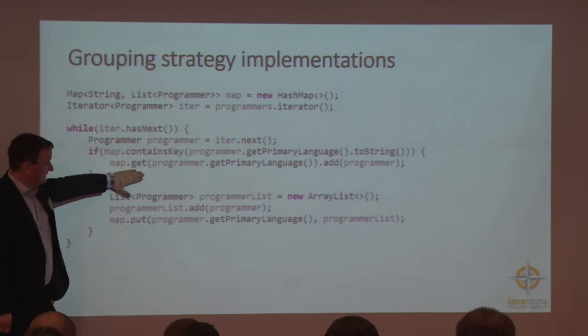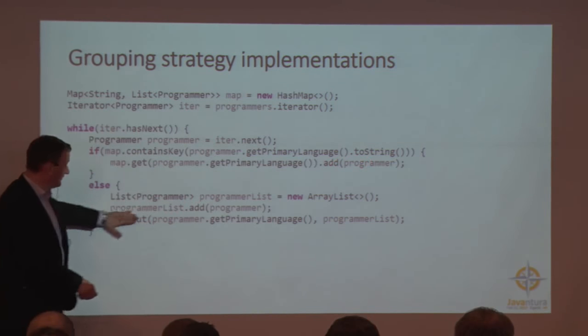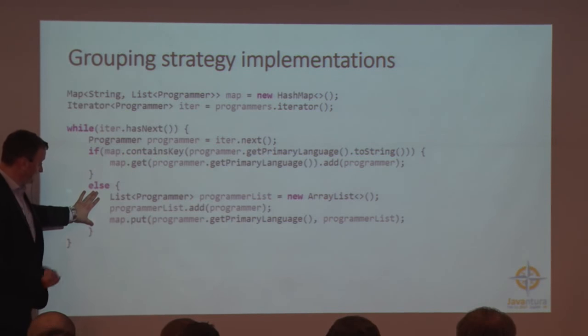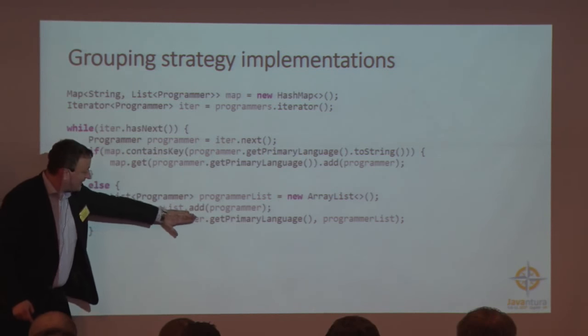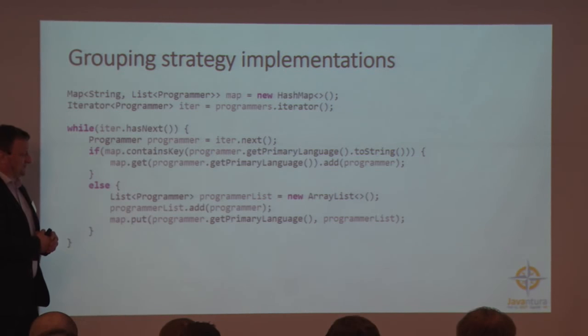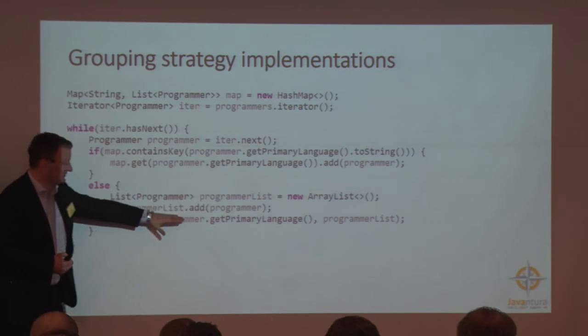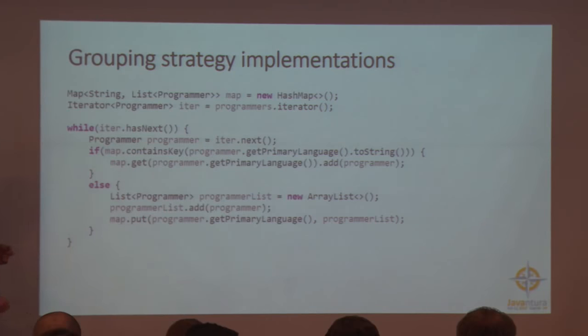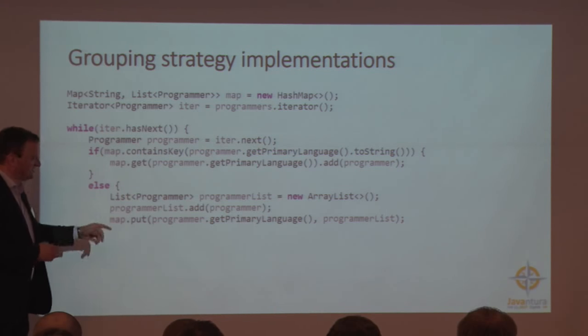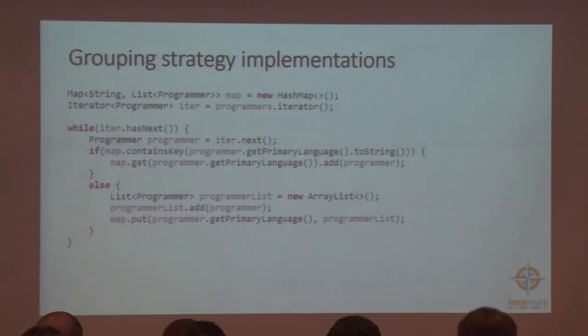Well, we just get this list and add a new programmer, or we have a completely new value, a new list, and we are adding a new programmer object to this new list. So we are just creating a new pair of key and language. This is a string, but the valid list of programming languages is defined within the enumeration.